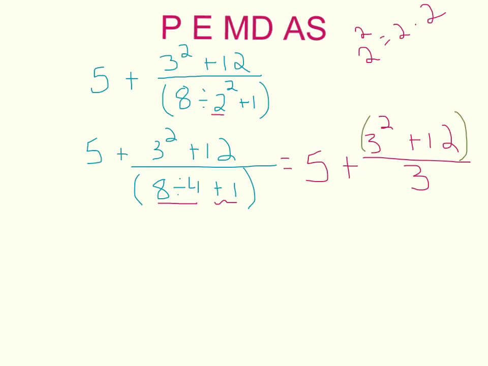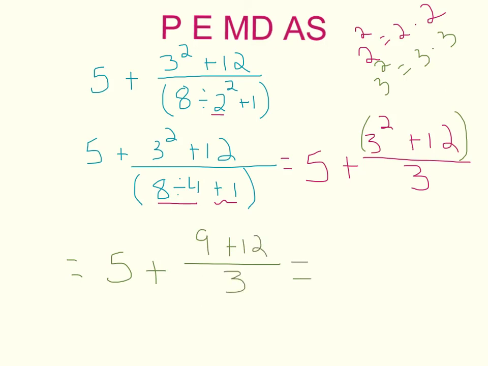3 squared plus 12. So let's do the exponent first. 3 squared. And what does 3 squared mean? It means you have 2 3's that you're multiplying. 3 times 3 is 9. So 5 plus the fraction, 9 plus 12 divided by 3.